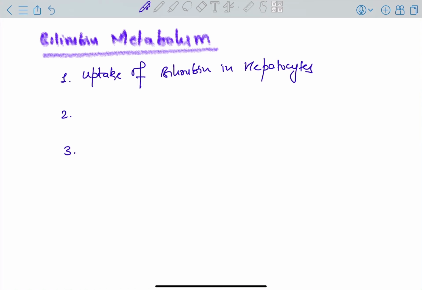The second one is conjugation: the unconjugated bilirubin is converted to conjugated bilirubin. And in the third one, secretion occurs into the bile canaliculi.